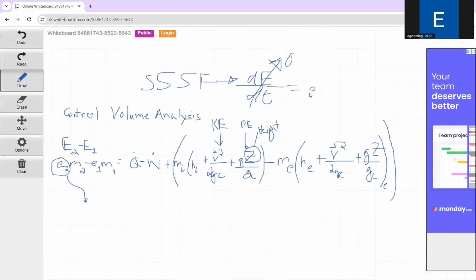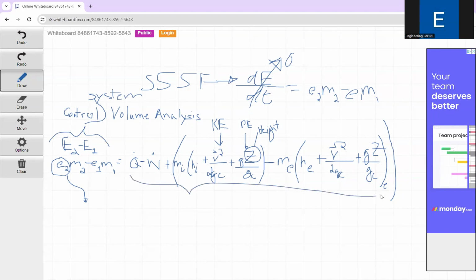And this is equivalent to E2 M2 minus E1 M1. But if we are given things for the system, because this is the system, if I'm not mistaken, then we're dealing with the liquid in and out of the system.